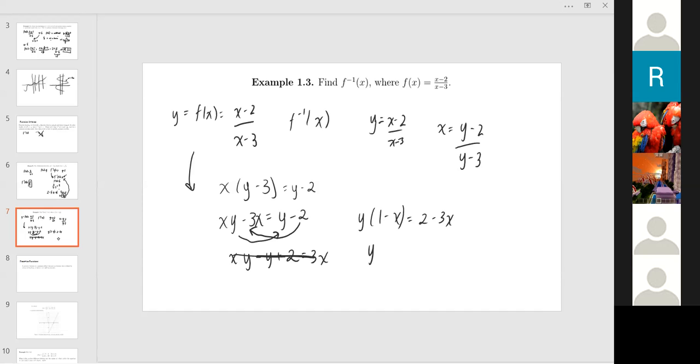So dividing both sides by 1 minus x, we get this. Yeah, so this is our inverse. We get this is equal to f inverse of x. So in summary, to find the inverse of a function, you can swap the x and y as we did here, and then solve for y to get f inverse of x.